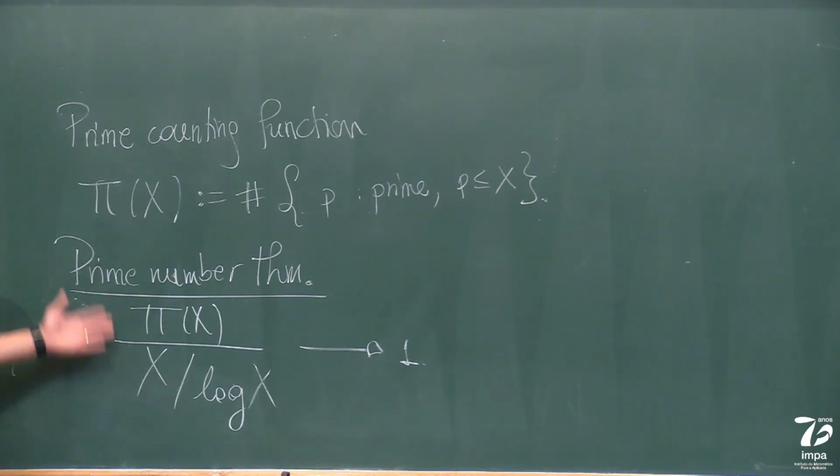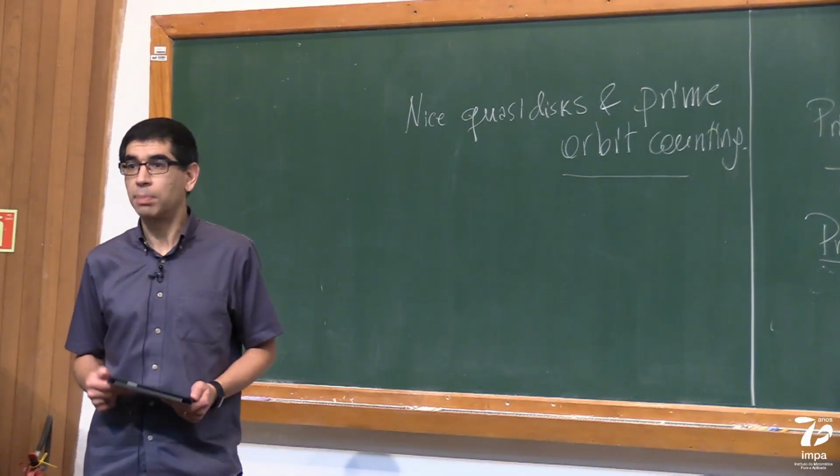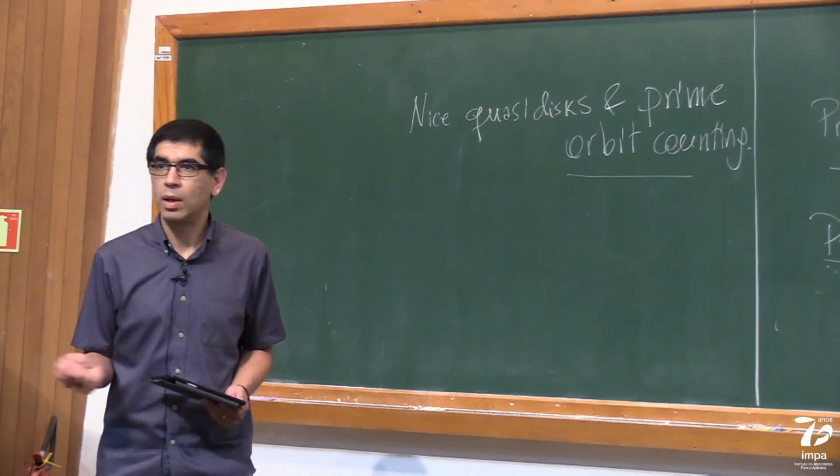Another way of looking at this is that you may want to choose an integer at random between 1 and x, and the probability that this integer is a prime number is roughly 1 over log x.